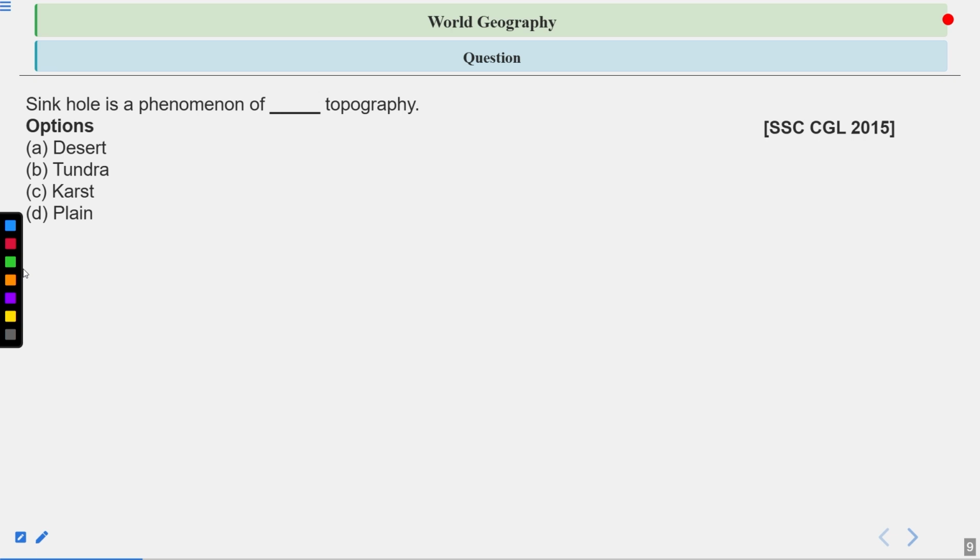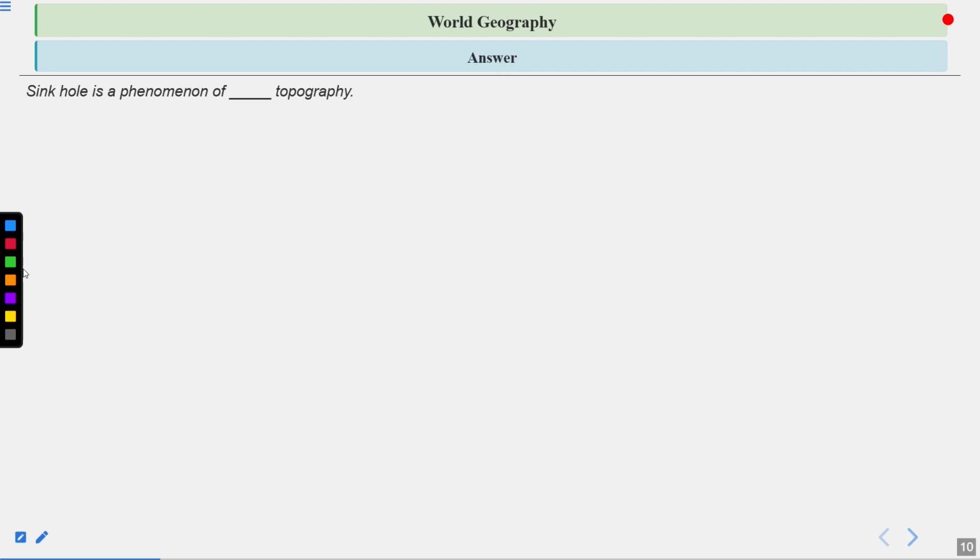Sinkhole is a phenomenon of dash topography. Options are desert, tundra, karst or plain. So correct answer will be karst. Karst topography is the topography which deals with the sinkhole, the creation of caves beneath the surface of the earth.